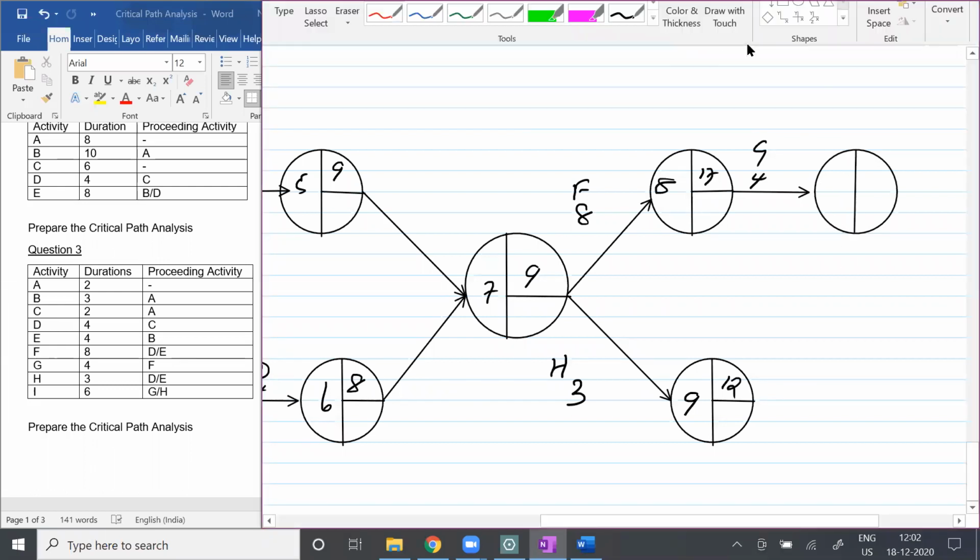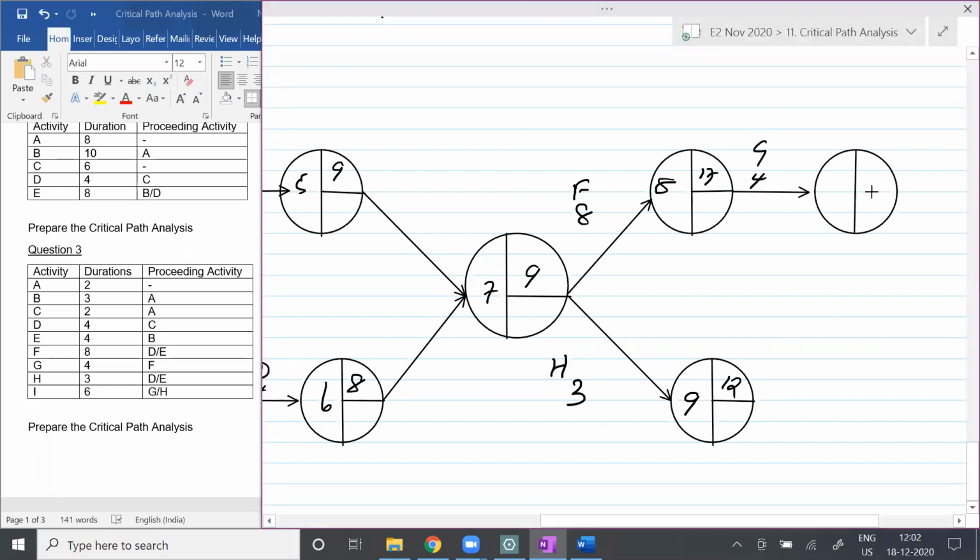Be very careful. That is 17 plus 4, it's going to give you how much, students? 21. So G will earliest finish by how many days, students? 21 days. Any questions with that, students? No questions, that looks fine.